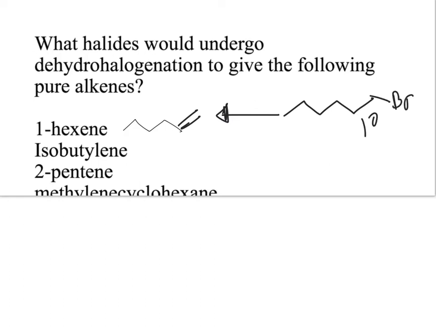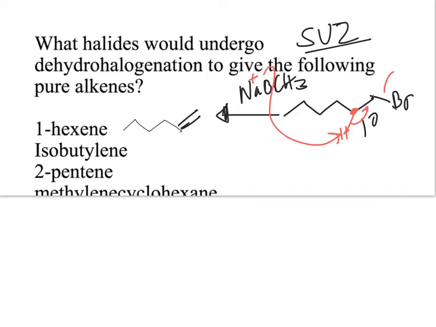For this, you could just use a primary alkyl halide and sodium methoxide, which is a strong, unhindered base, so it would give you the Zaitsev product. You look for your neighboring carbon hydrogens, which are next to this carbon. As you can see, that base would deprotonate that, and the bromine would leave to give you 1-hexene.